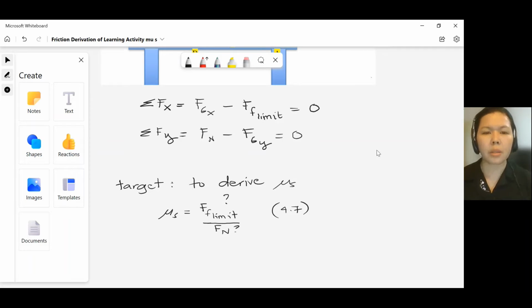So FF limit: looking at our equations, we have FF limit in the summation of Fx, so we are going to use this one.